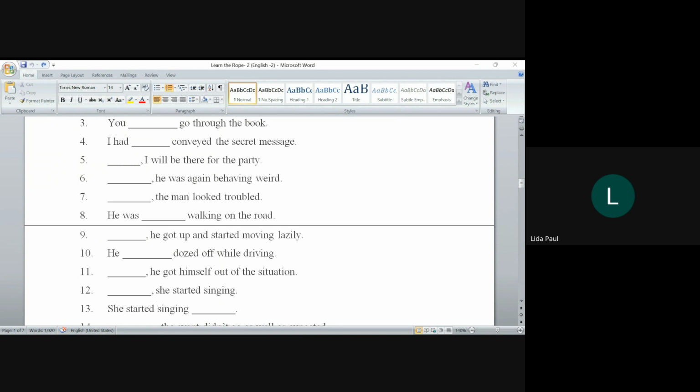The next one is dash, he got up and started moving lazily. So for this eighth one, you say either rightly, wrongly, stupidly, bravely, cleverly. I think many would fit in the lack of the context given here. I think many will fit that question. Ninth one, dash, he got up and started moving lazily.